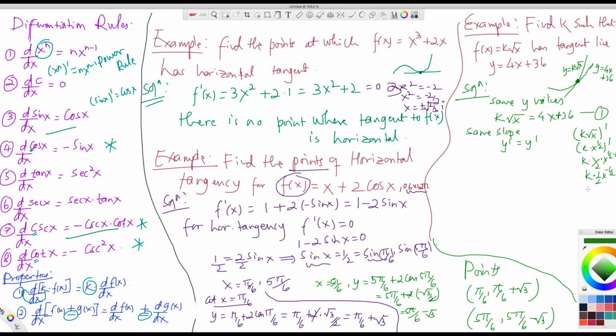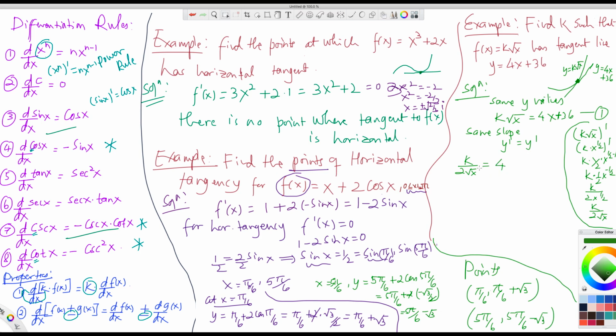You can move that to the bottom, so it is k over 2 x to the 1/2, which you can write as k over 2 root x. That is the derivative of the curve. So k over 2 root x equals the derivative for the line on the right side, which is basically 4.